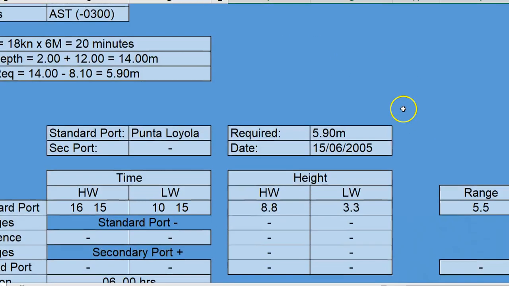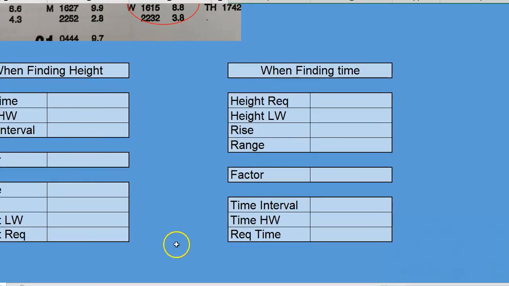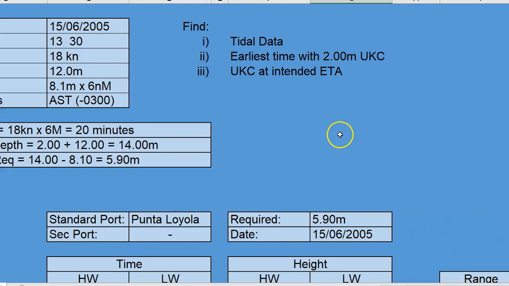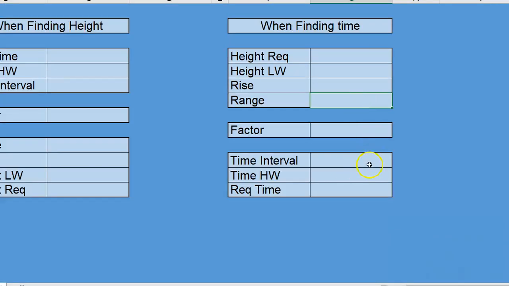How we're going to approach this is we need to go down to this table over here, and what we wanted we will now put in here for heights, then go back to our graph, and that will give us an actual required time. So we need to find this time over here.